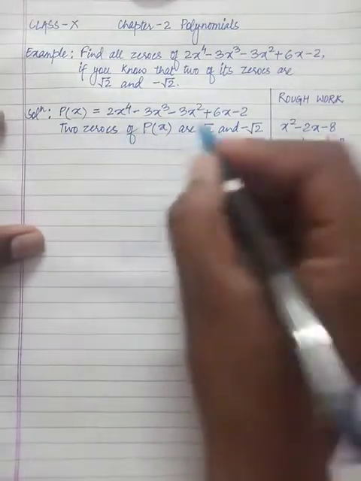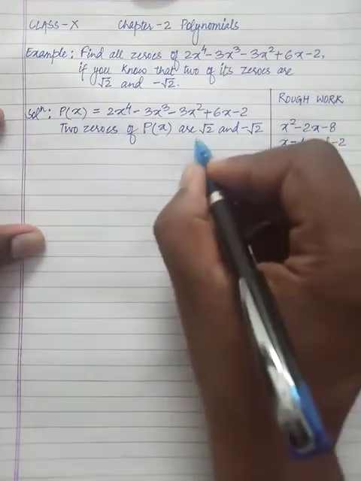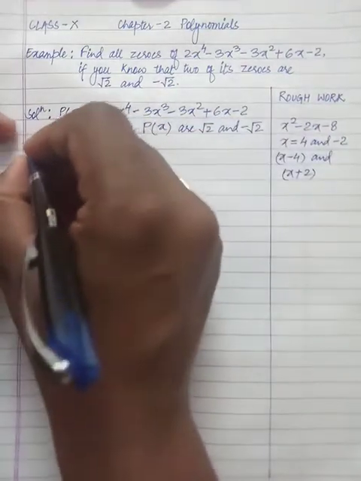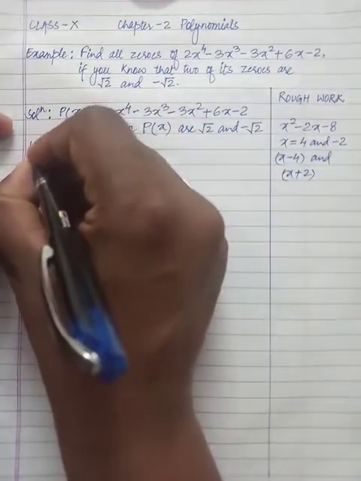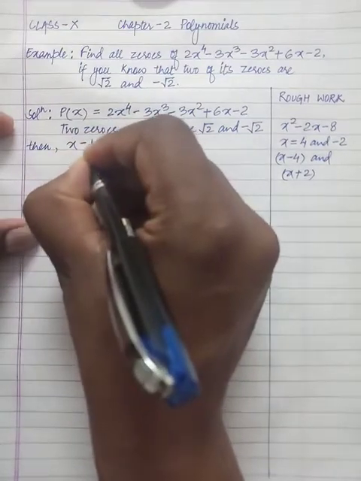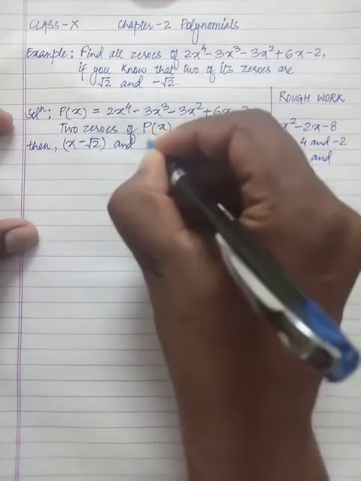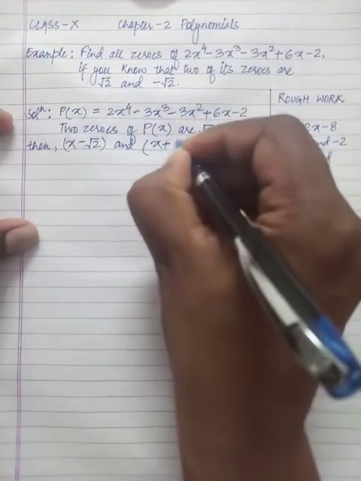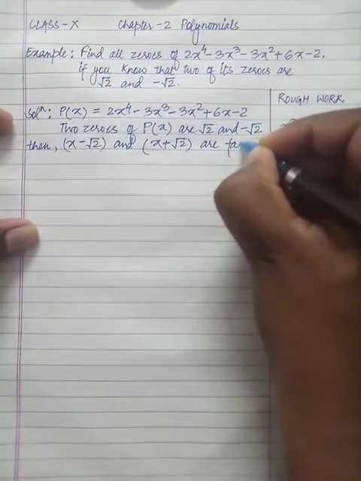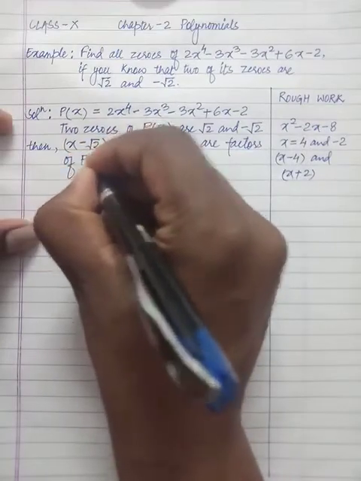Now see, if these are the two zeros of this polynomial, then these are the values of x only. So I can write that x minus root 2 and x plus root 2 are factors of the given polynomial p of x.